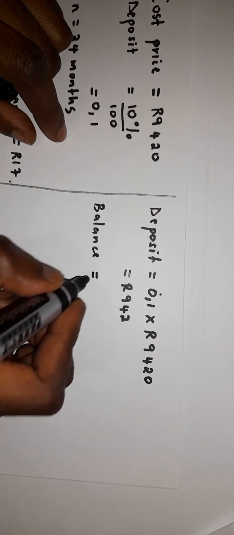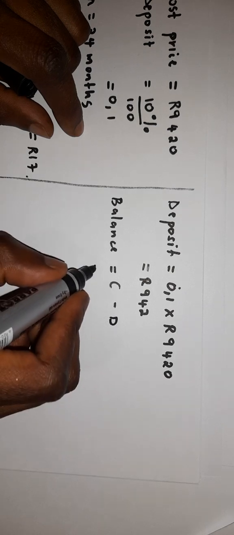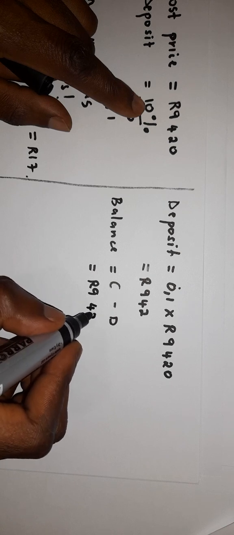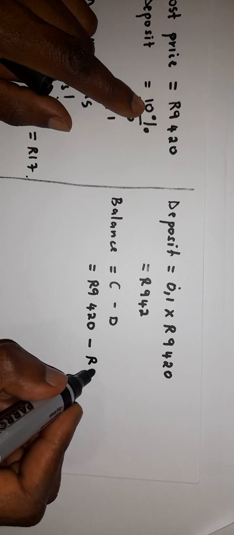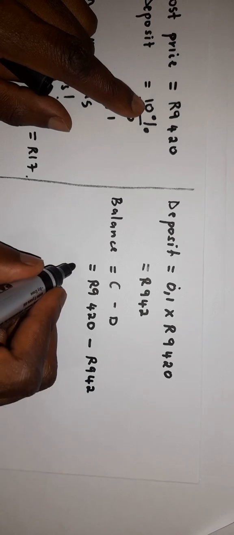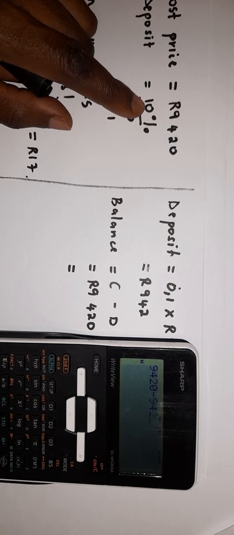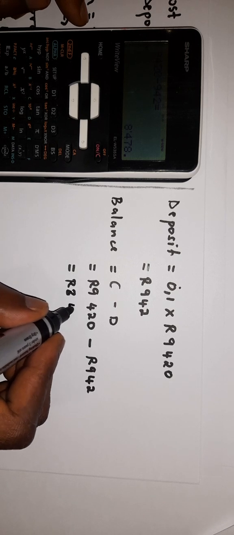The balance therefore becomes the cost price minus the deposit, which is 9,420, and then you subtract your deposit, which is 942 rands. Right, 9,420 minus 942 rands gives us exactly 8,478 rands.